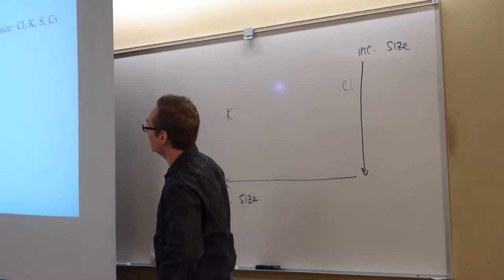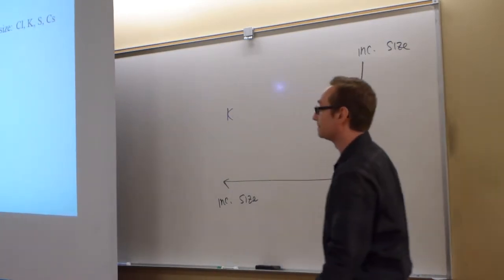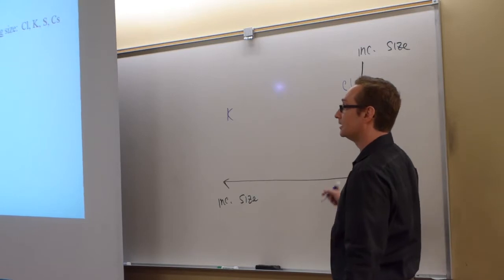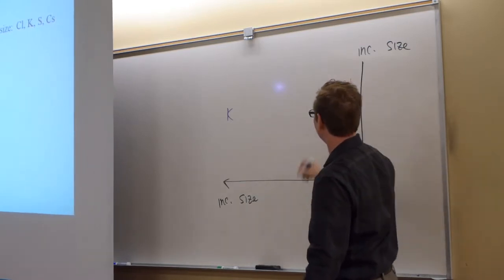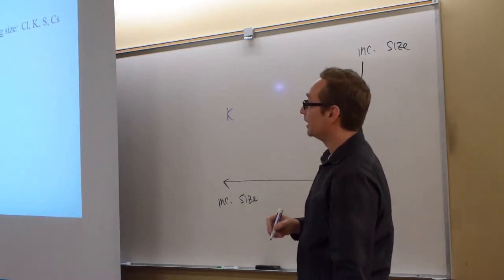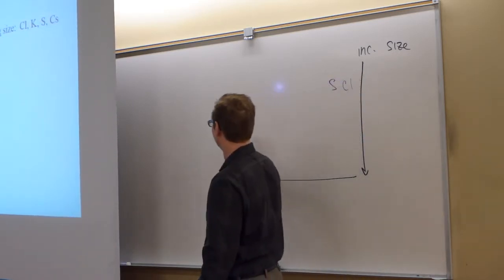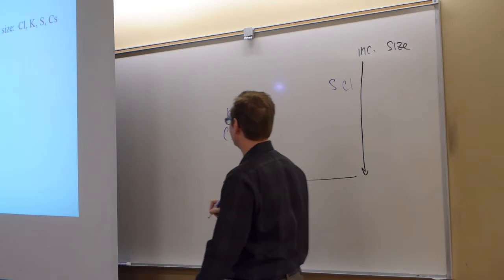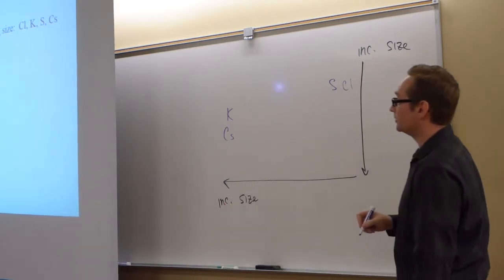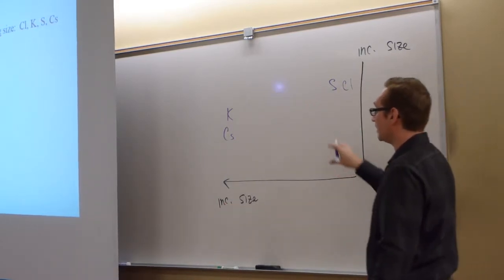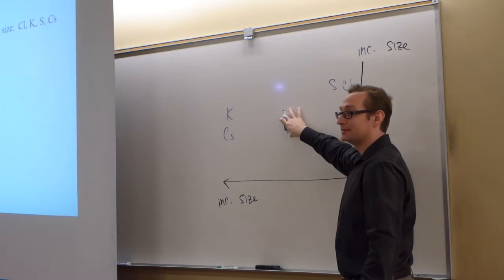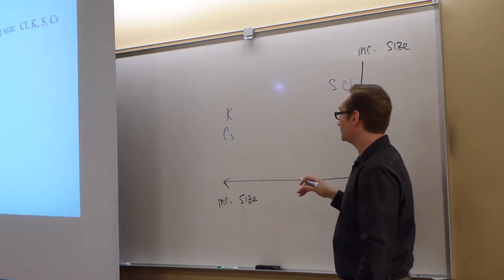Okay. And then where would sulfur be? Yeah, sulfur is just to the left of chlorine. And then cesium, where is that going to be? Below potassium. So if you're going to order these in increasing size, I think it's a lot easier to look at it from this way, right, to reason things out.